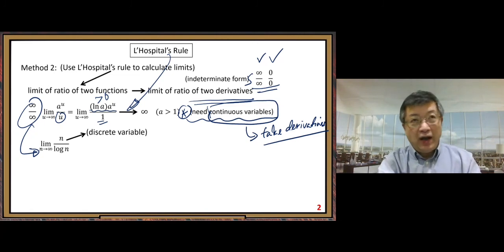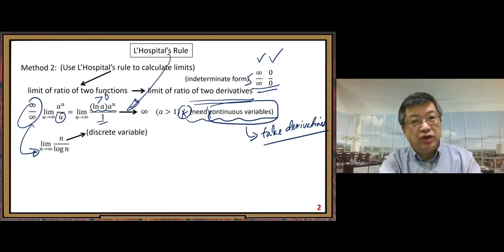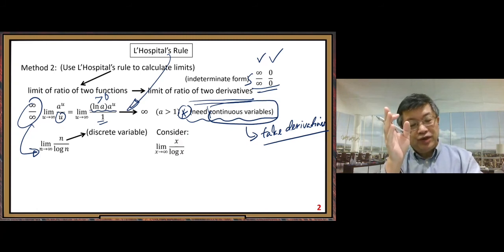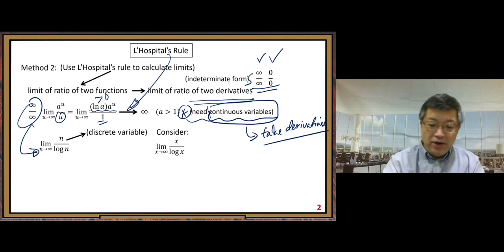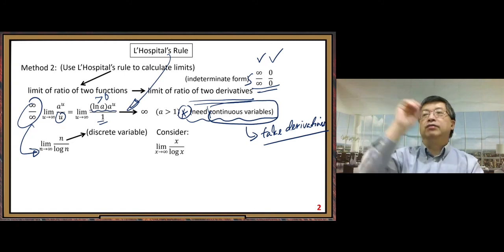All right. So how do you switch to the continuous variable expression? Do this way. We consider a new ratio similar to the old one, but we use x as the variable and we make x a continuous variable.